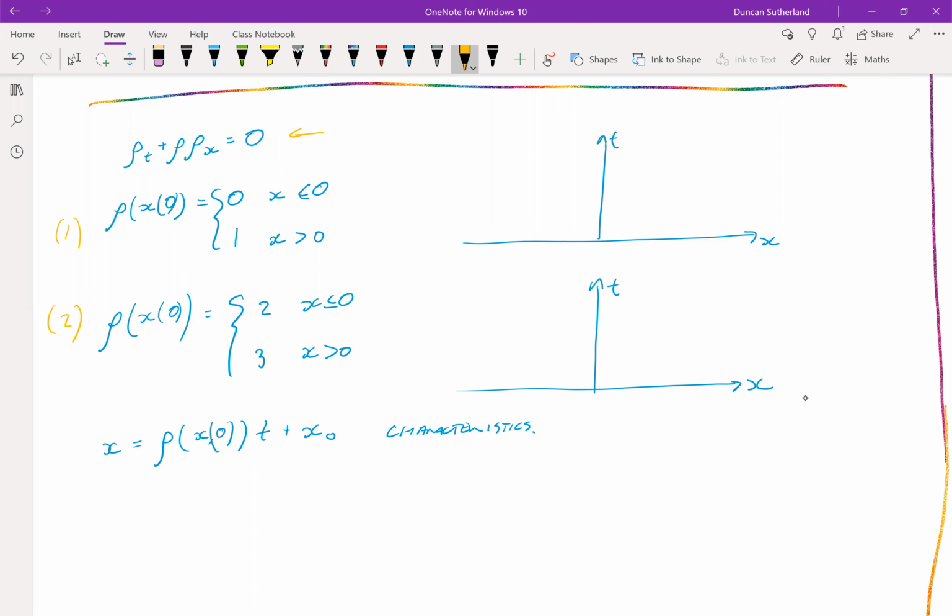Firstly, we've got to plug in values of our density. There's not much use trying to guess what this is when we've got it right here. So we've actually got to stick in some numbers. So let's do it for case 1.